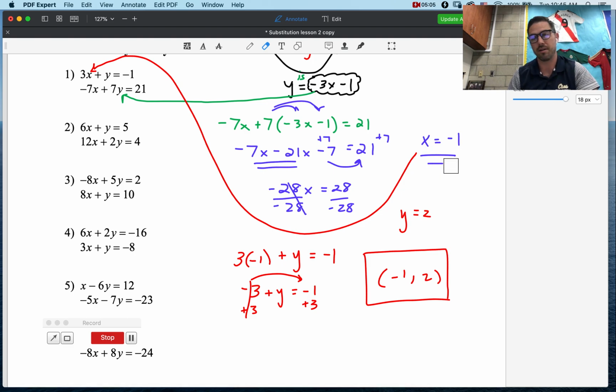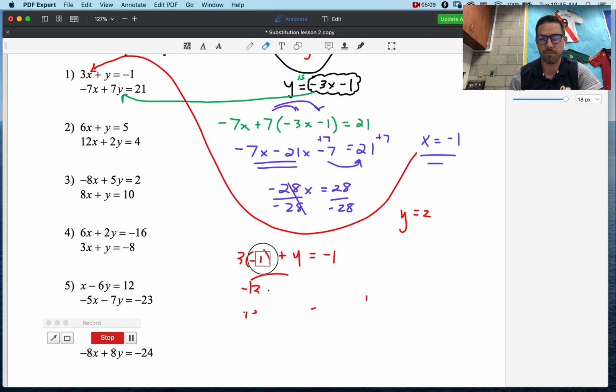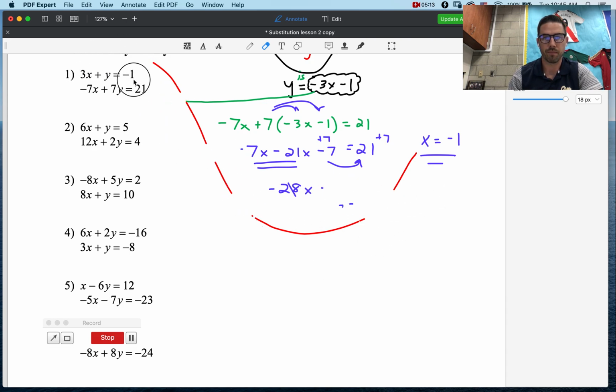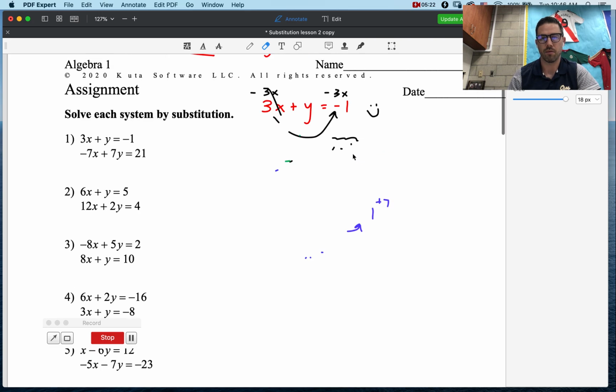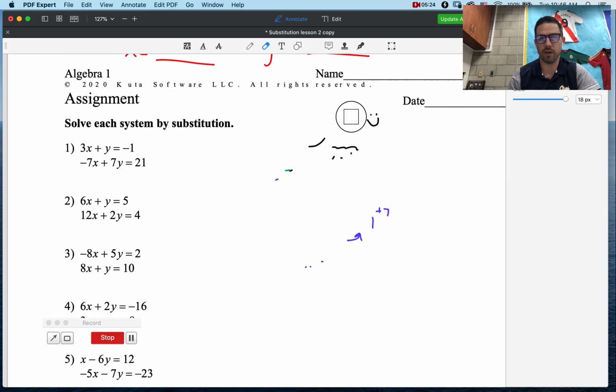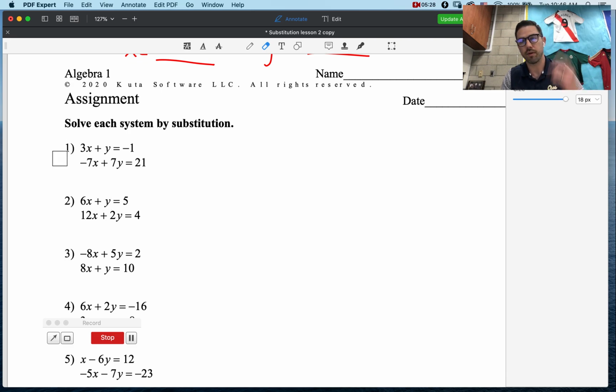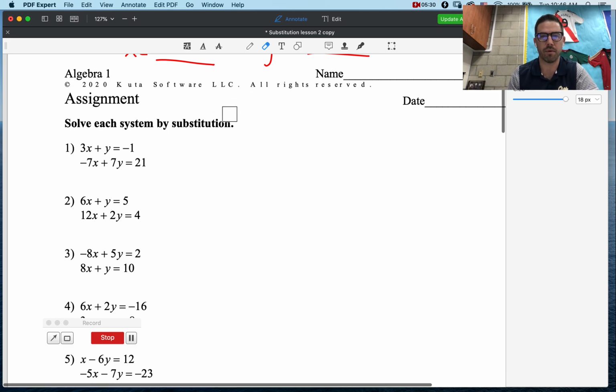I'm going to leave it at 18 because whenever I do that, my AirPods ain't liking it. I'll blow out my eardrums. I'm going to come back to school next week deaf, and you guys are going to know why. It was problem number 1. Took my ears right out of my brain.